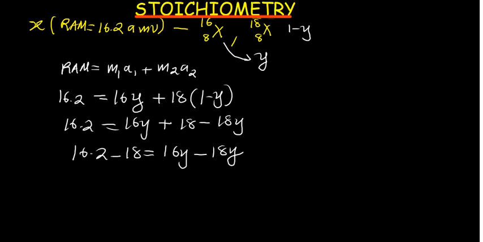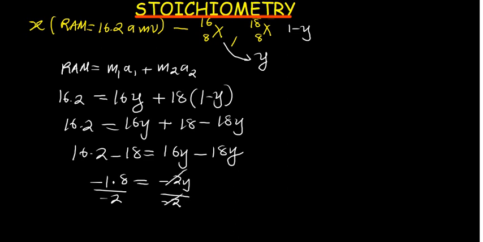So that is going to give us a negative 1.8. And if we subtract 16y minus 18y, that will give us negative 2y. So we divide both sides by negative 2. If we divide this one, we cancel with this one.